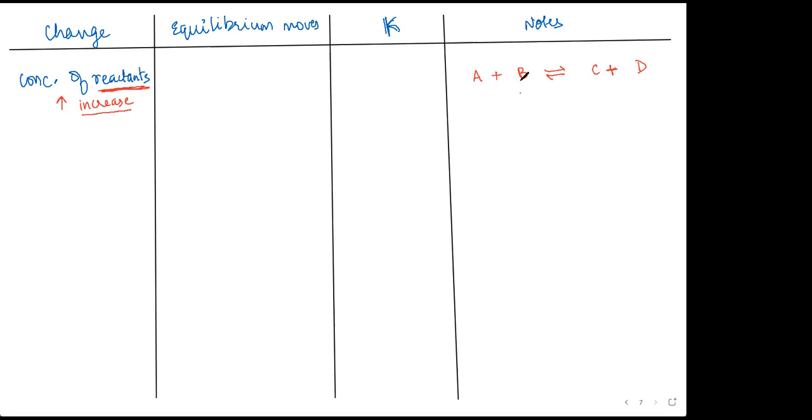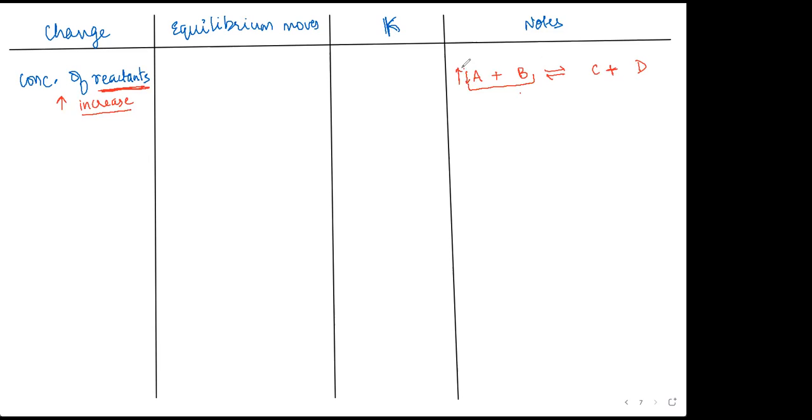Yeah. So if we increase the concentration of the reactants, according to Le Chatelier's principle, we need to nullify it, and we are increasing it. So the reaction will try to decrease the concentration of the reactants.